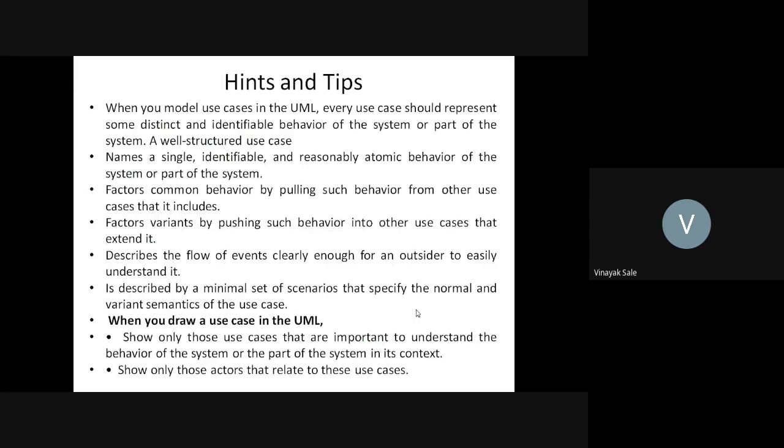So, what we have studied: when you model use cases in the UML, every use case should represent some distinct and identifiable behavior of the system or part of the system. A well structured use case names a single, identifiable, reasonably atomic behavior of the system or part of the system.